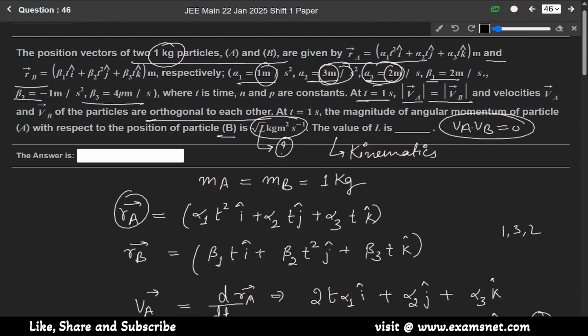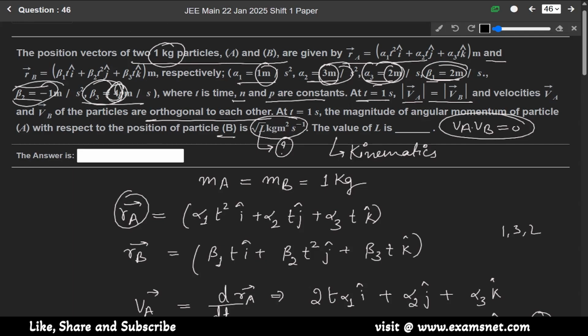Sorry, beta 1 is given as 2, beta 2 is given as -1, and beta 3 is given as 4p. In this question we are given n and p are constant. So where is n? Because here it is p, so n must be there.